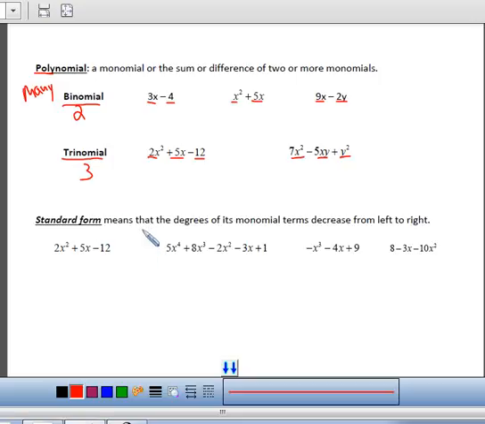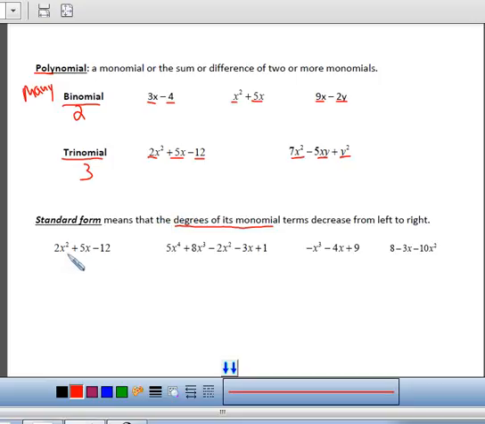Standard form means that the degree of its monomial terms decrease from left to right. Now this I know you all will need to understand, what the degrees are. So these first three expressions are written correctly. The last one is not. And we're going to rewrite it correctly, but you'll need to understand what a degree means in a second.